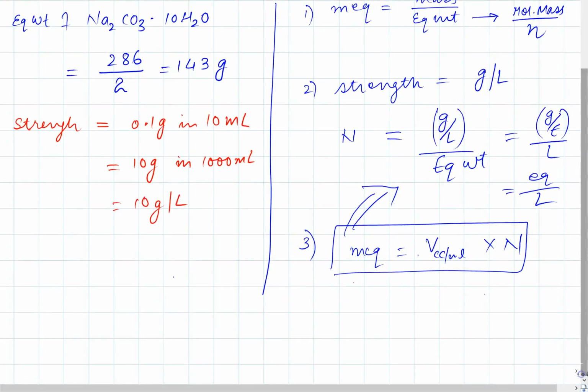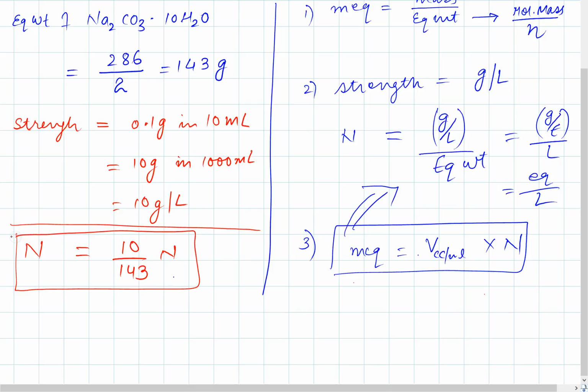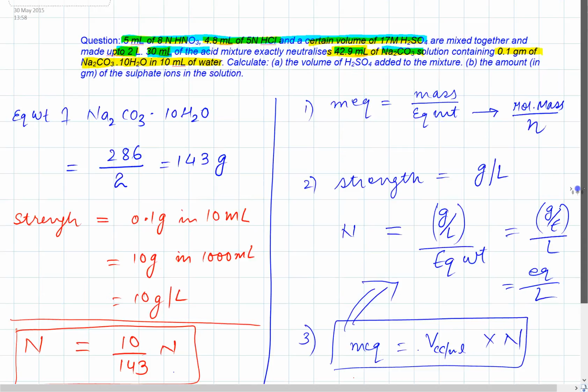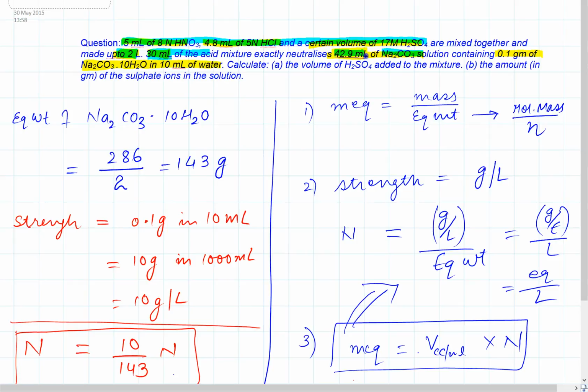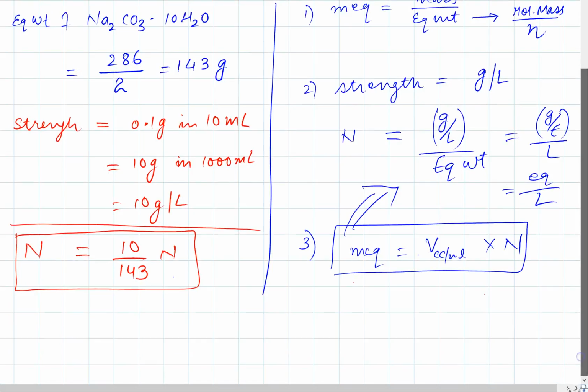So its strength is 10 grams per liter. Once you know the strength of Na2CO3, you know its normality. Normality will be 10 upon 143. So this Na2CO3 solution is 10 upon 143 normal. And you have taken 42.9 milliliter of Na2CO3 solution. So the milli equivalents of Na2CO3 is equal to 42.9 into 10 upon 143.